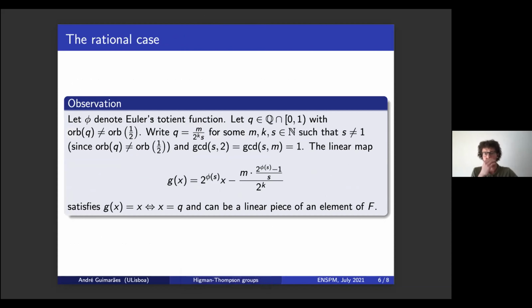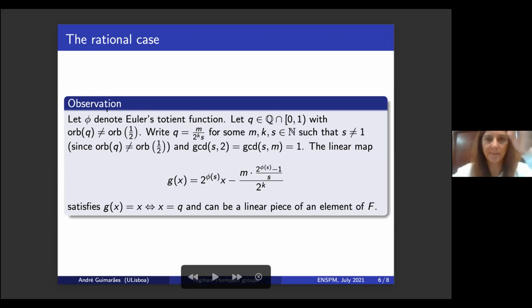I'm not going to define them here, but just know that Euler's theorem and Euler's function give us interesting properties in regards to divisibility, and we're going to exploit them to find a linear function which has this expression right here, which is going to fix any given rational q on the unit interval.